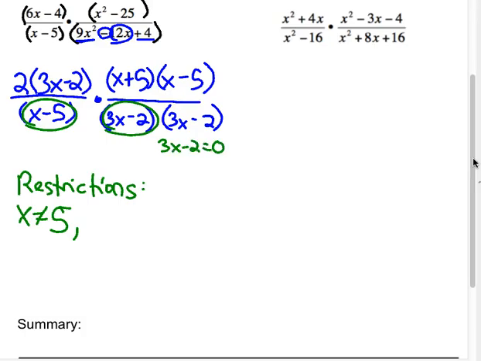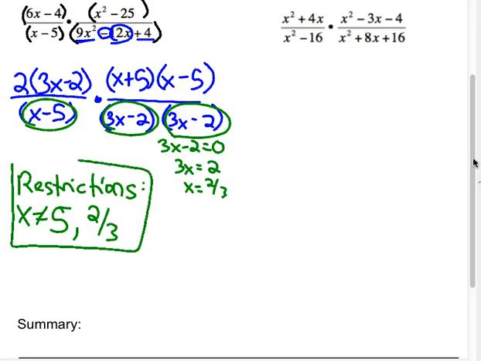So again, this is where I recommend you just set it equal to 0, do the quick algebra, add the 2 over, divide by 3. So you can see where that 2/3 comes from. Don't try to do too much in your head, okay? It'll end up messing you up in the end. And of course, I have two of those same things, so I don't need to write it again, right? I only have to write it the one time right here.